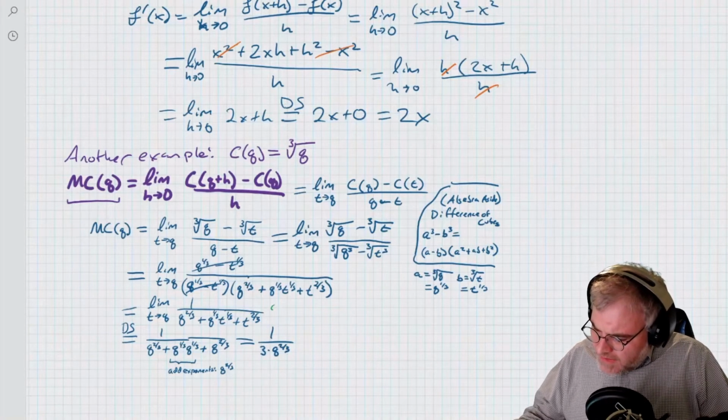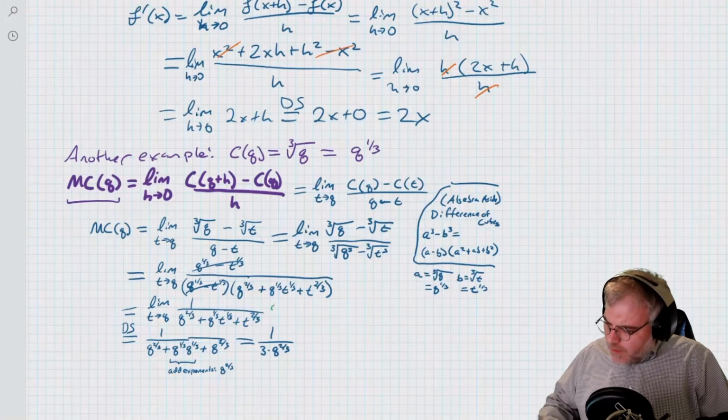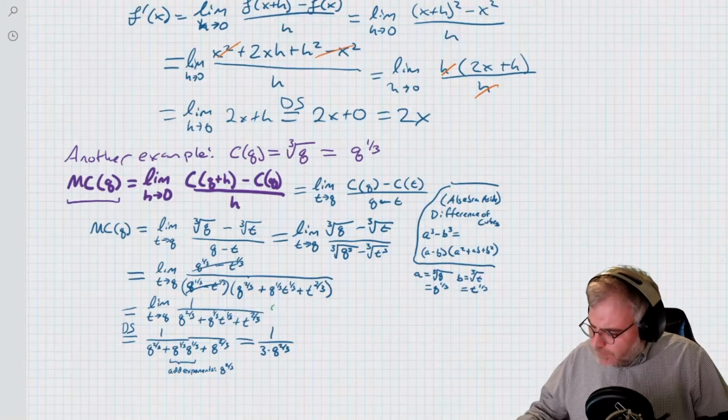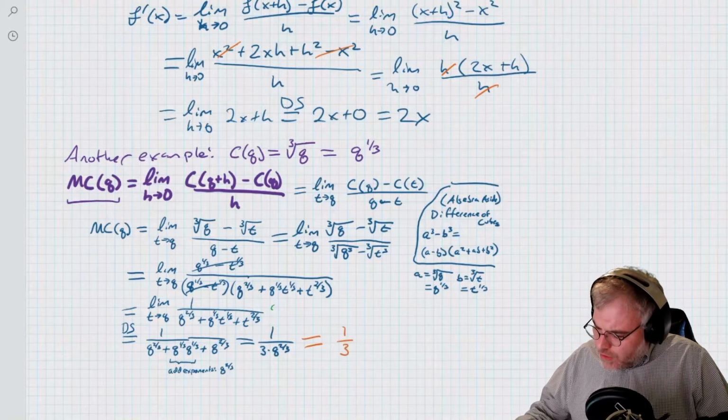Well, remember that C of q equals q to the 1/3. So this right here from last time is actually 1/3 q to the negative 2/3.